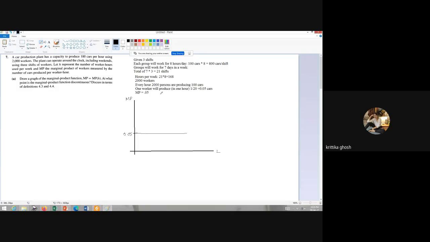But why is it giving 336? So that is in worker hours, 336,000. That's the number of labor hours. That's worker hour. Okay. So 168 into 2000.